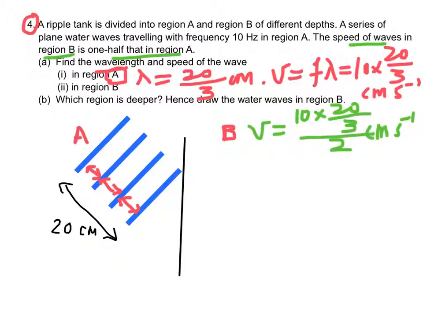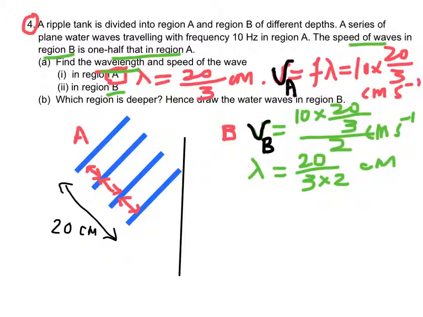Since frequency remains unchanged, the wavelength of the wave in region B is also half that in region A, which is 20 over 3 divided by 2 cm. Since speed of the wave in region B is smaller than that in region A, therefore A is deeper.